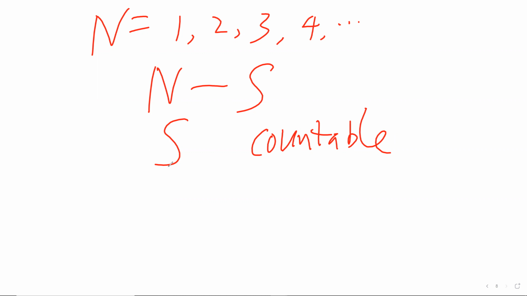So if S is countable, then it can be mapped bijectively from integer numbers. And you can list the elements in S, S1, S2, S3, S4, one by one.